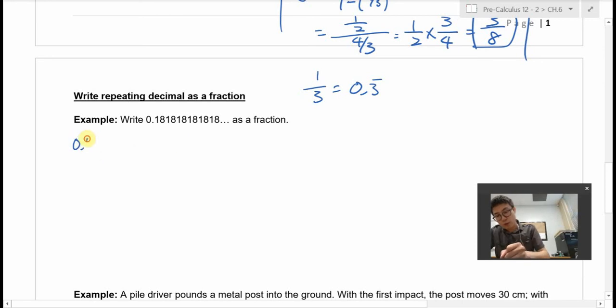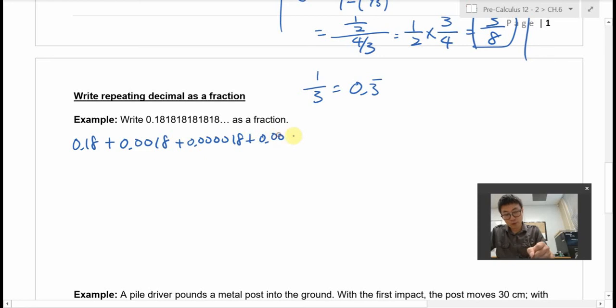This is 0.18 plus 0.0018 plus 0.000018 plus, I think you get where I'm going, right? So these two 18 belong here, these two 18 go here, these two go here, and these two go there, and so on.